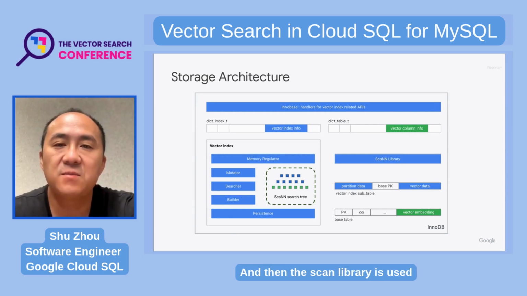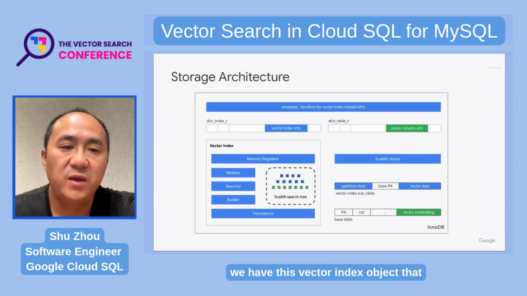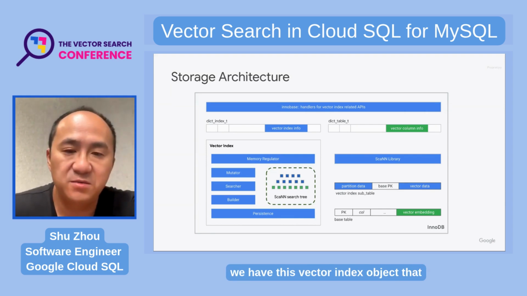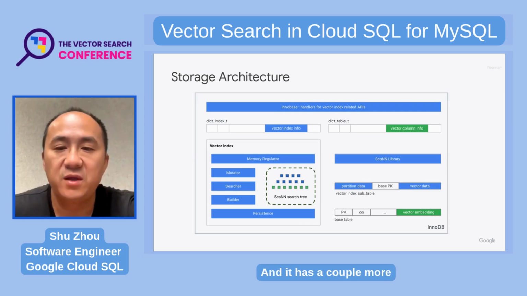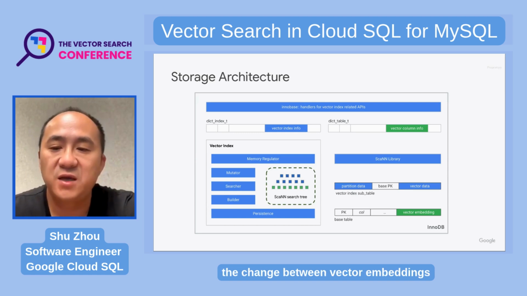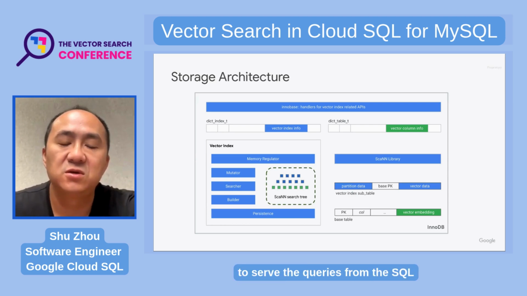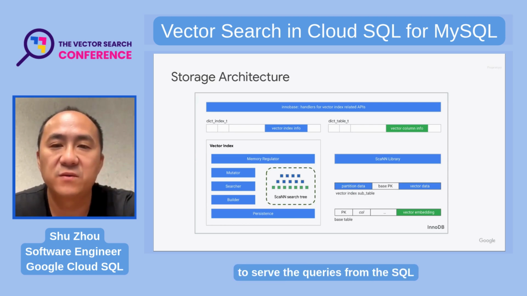And then the Scan library is used to create and search the vector indexes. And we have this vector index object that utilizes the Scan library, and it has a couple more building components. The mutator is used to sync up the changes between vector embeddings and vector indexes. The searcher is used to serve the queries from the SQL layer.